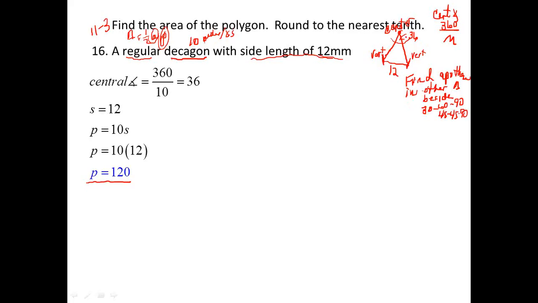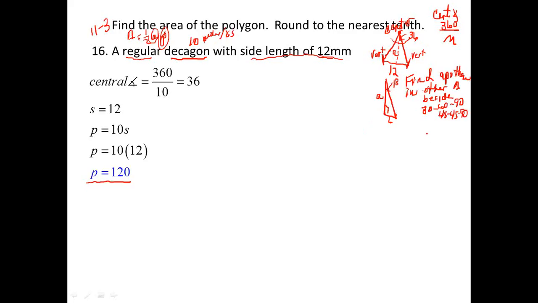I know that. So I've got the apothem. I need that, but my apothem is right here. It cuts everything in half. So that gives me this. This is 18, 36 divided by 2. This is 6. It's a right angle. I need to find the apothem right here.